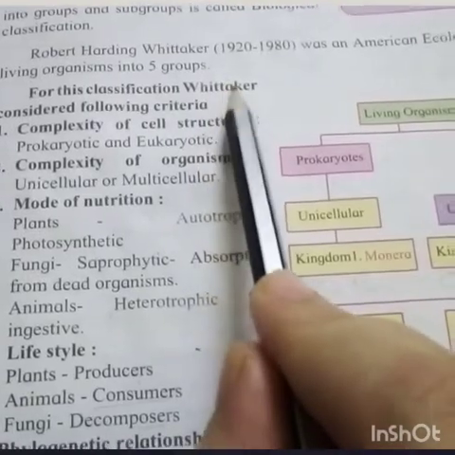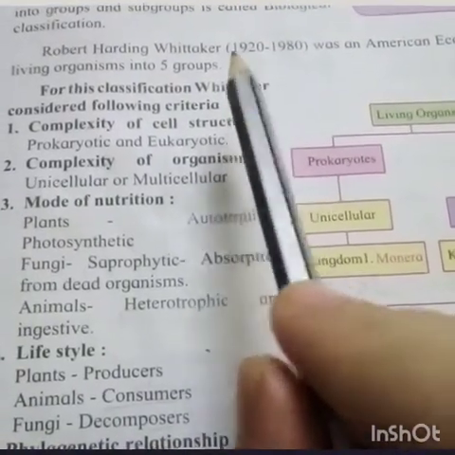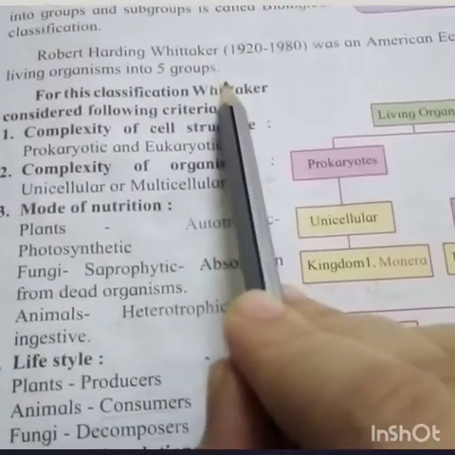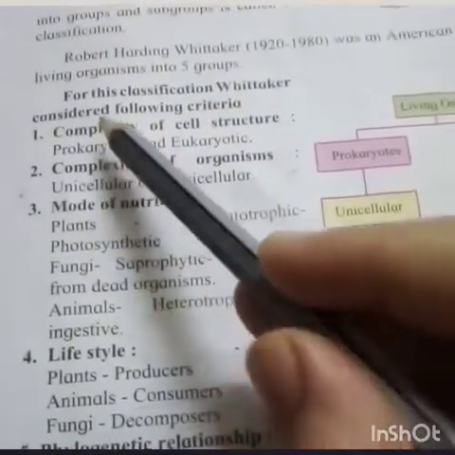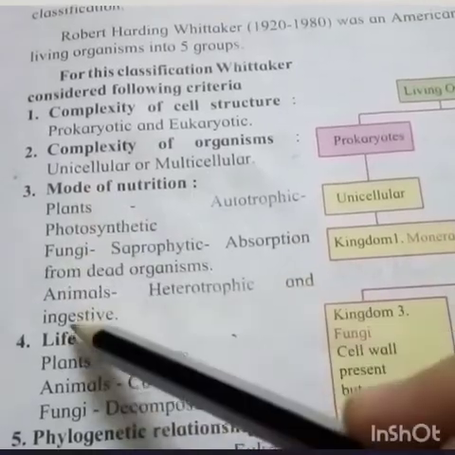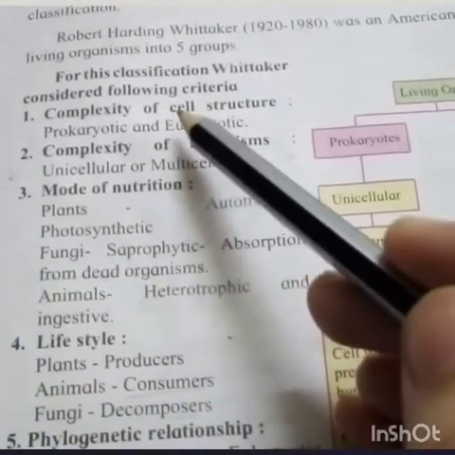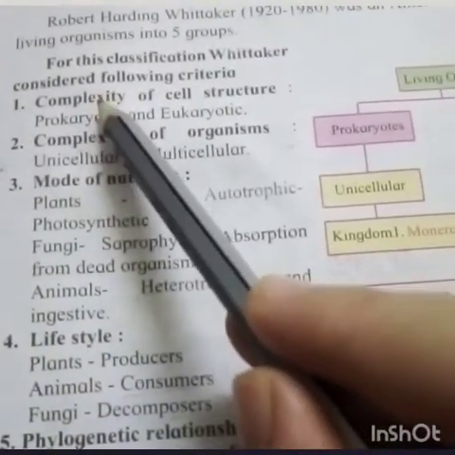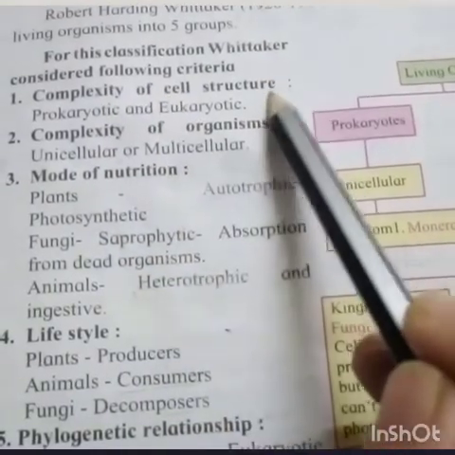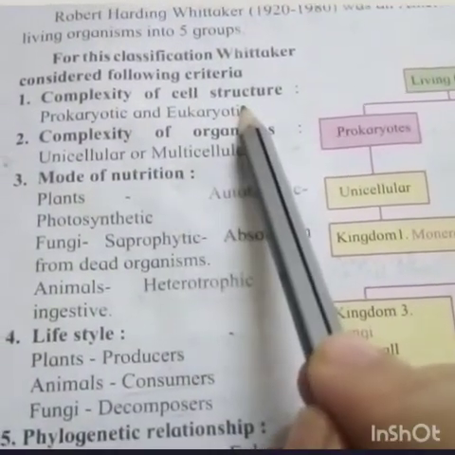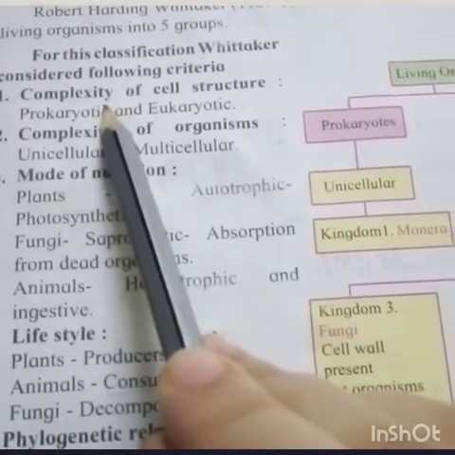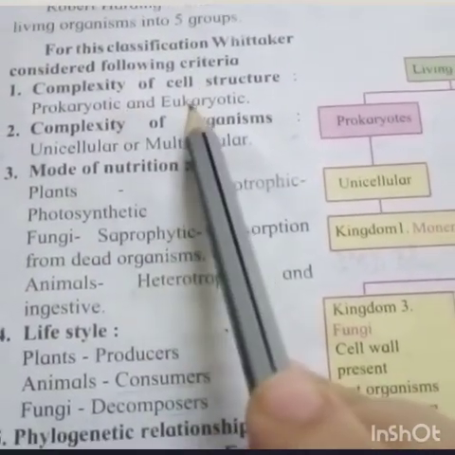So, for dividing the living organisms into 5 groups, he made some criteria. Out of that, first is complexity of cell structure. Complexity of cell structure means how the cell structure is complex from the other cell.